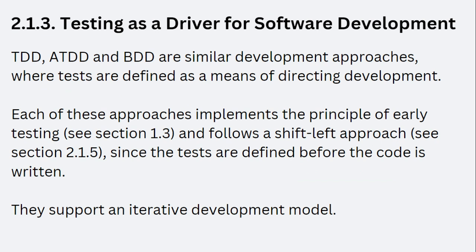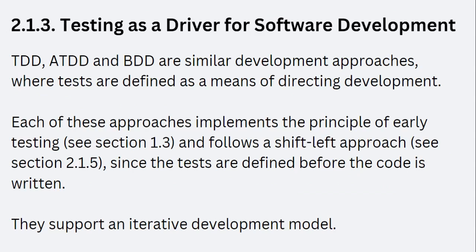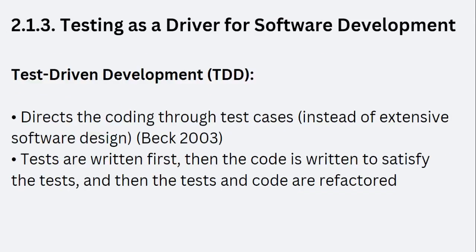TDD, ATDD, and BDD are similar approaches where tests guide development. They embrace early testing and a shift left approach with tests defined before code is written. They fit well with iterative development.